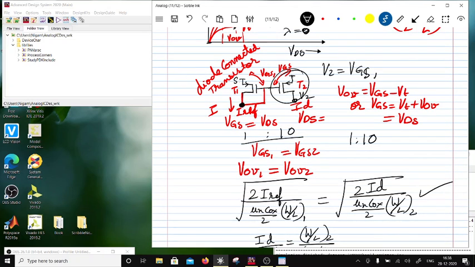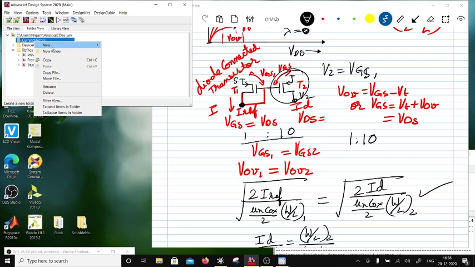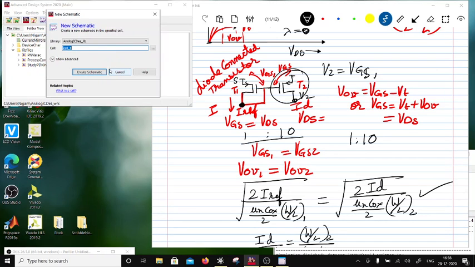So I am going to make another folder which I will call current mirrors. And here I'm going to make a new schematic, simple PMOS mirror.